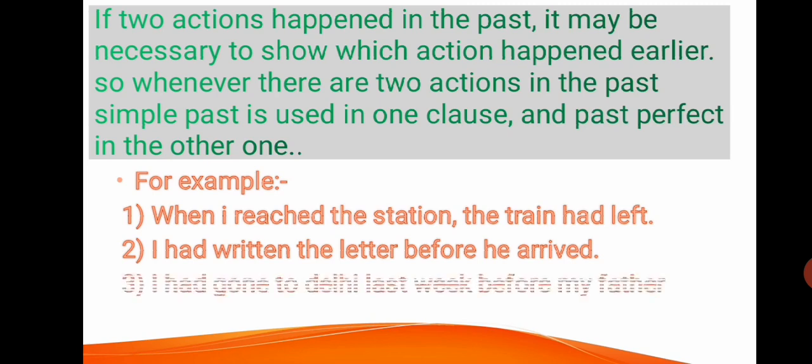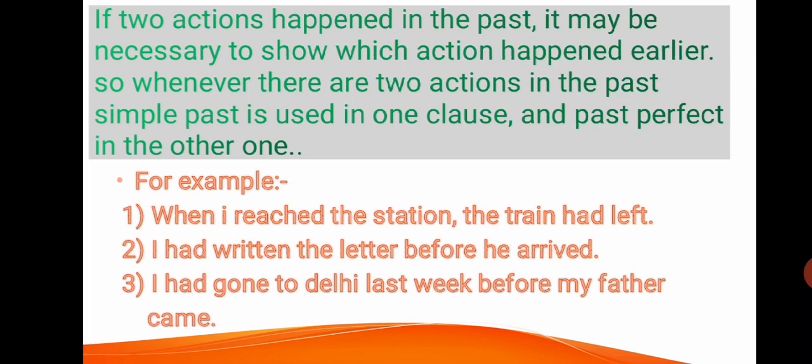Now, see another example. I had gone to Delhi last week before my father came. Now, here you can clearly see that the preceding action was completely finished, like my father came, and after that, the next action, which we call the succeeding action, started, that is, I had gone to Delhi.